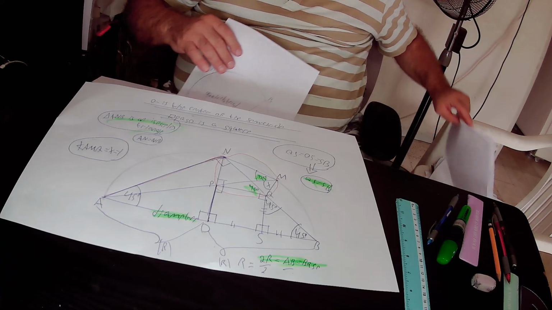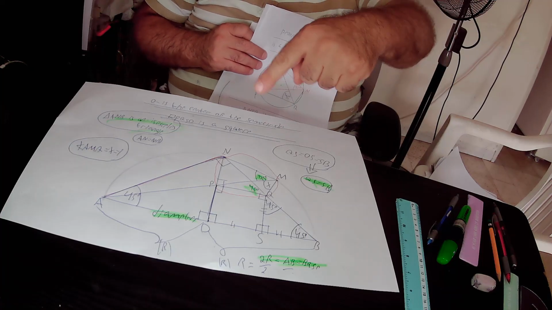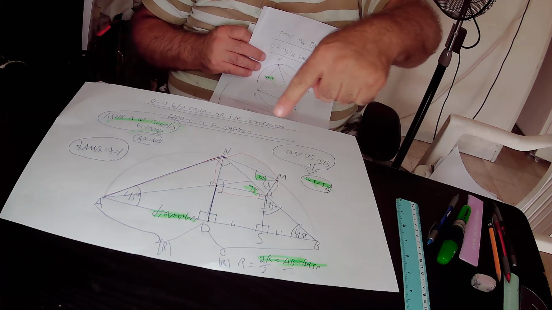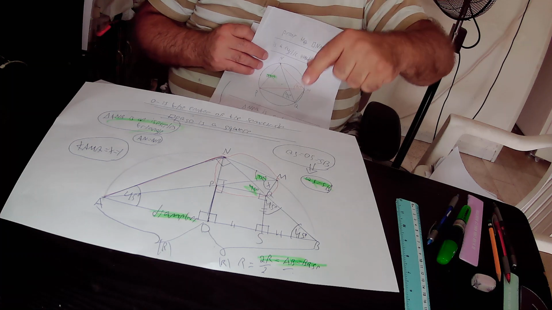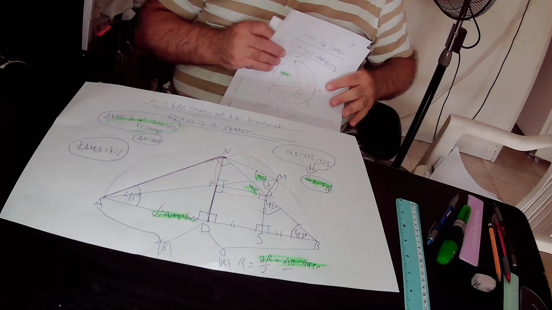In the first method, I copied those two angles, angle NMP and angle NQP, and equate both of them. Both angles subtend on the base NP.